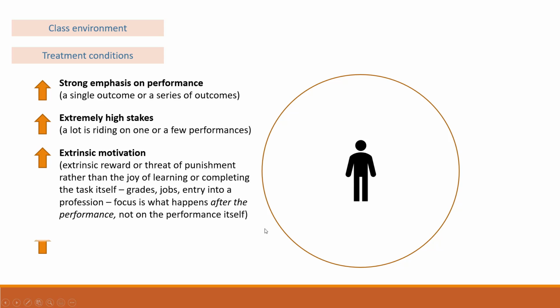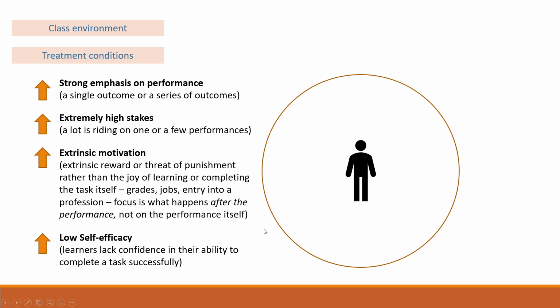Another one that you may not think about, but is also low self-efficacy. So learners who lack confidence in their ability to complete a task successfully are also more likely to cheat. And so if you add somebody who's got low self-efficacy, they don't have very much confidence in their ability, now you put them in an environment where there's a very strong emphasis on a performance, on a test, and a lot is riding on just one or two.